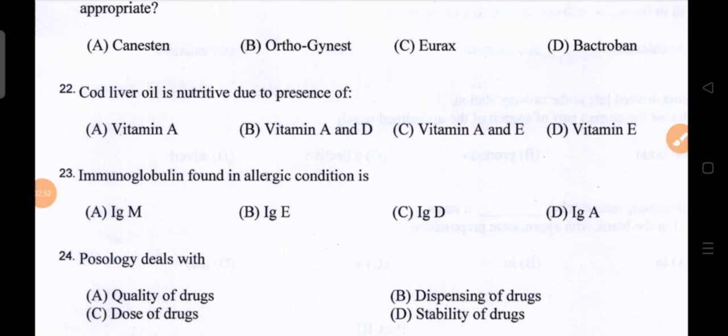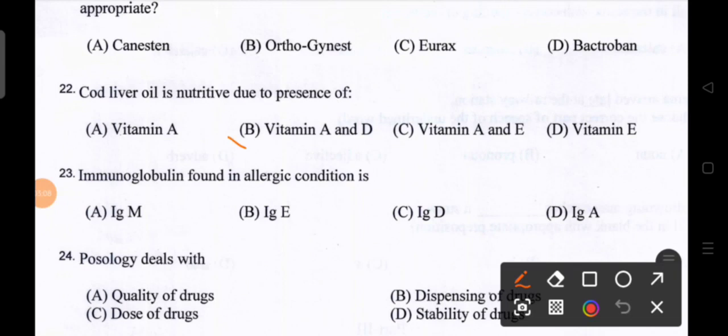We all know cod liver oil has some vital vitamins. So options are vitamin A and D, vitamin A and E and vitamin E. So the correct answer will be vitamin A and D, option B. It contains both vitamin A and D.